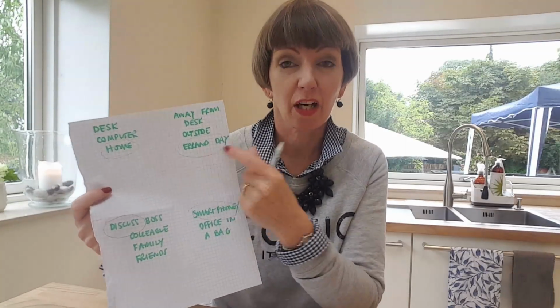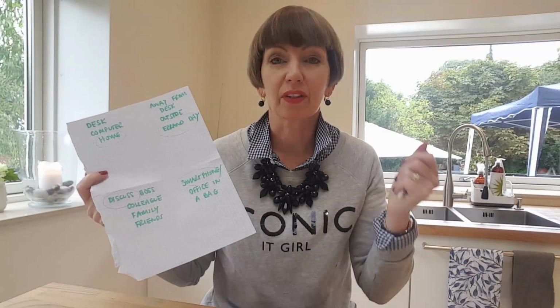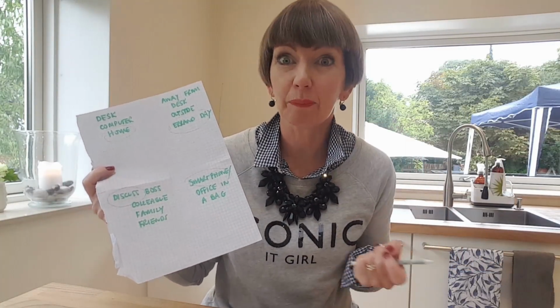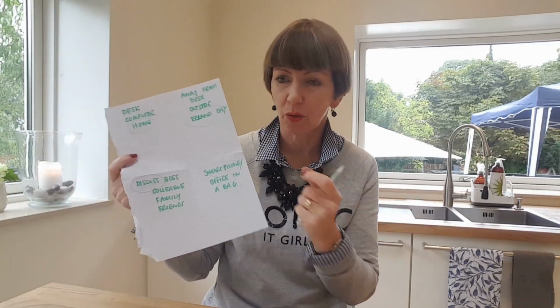You'll have one for outside the home, errand day, and that's anything that you do outside the home: handing in library books, going to pick up groceries, going to the post office.